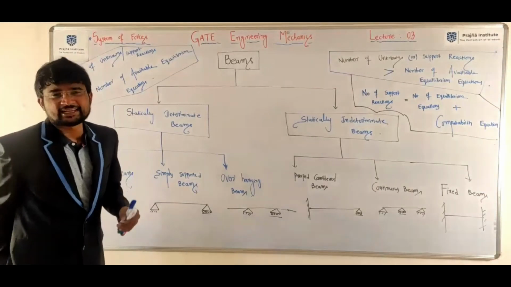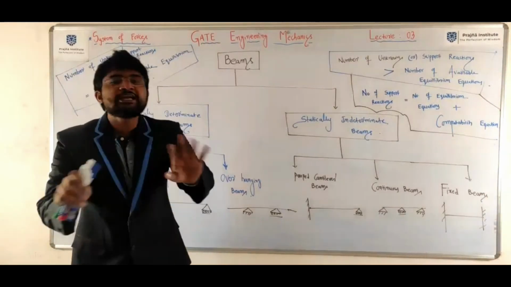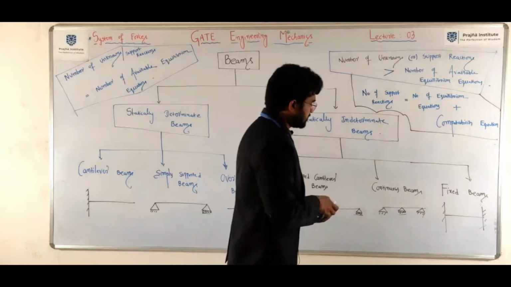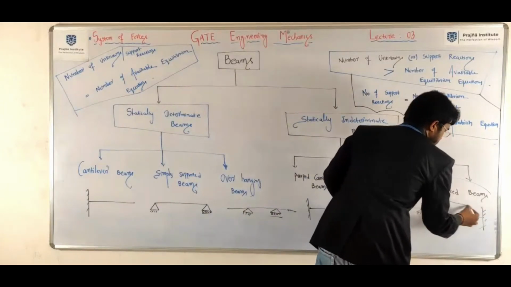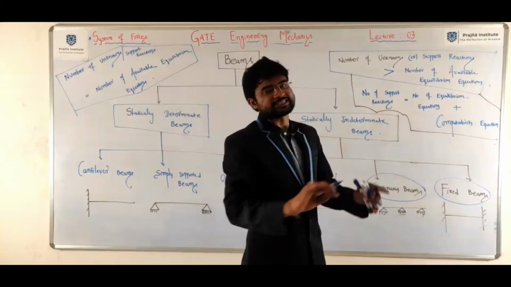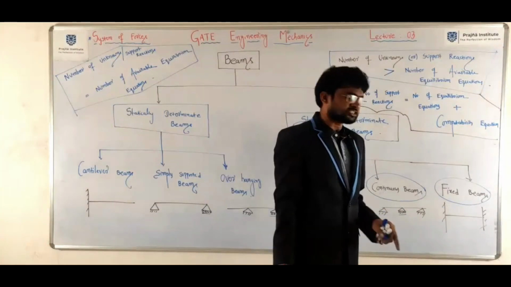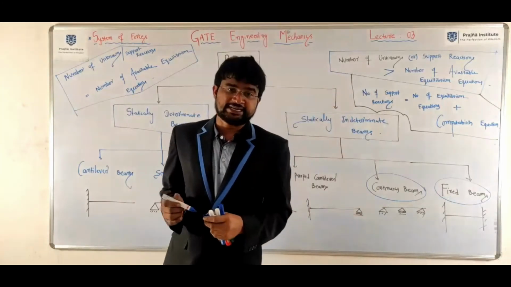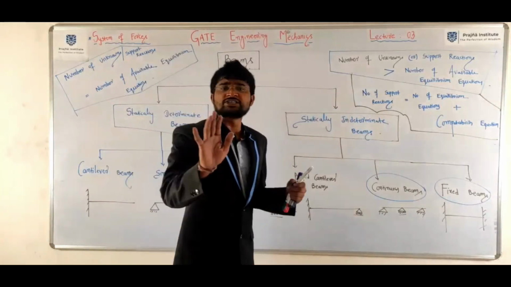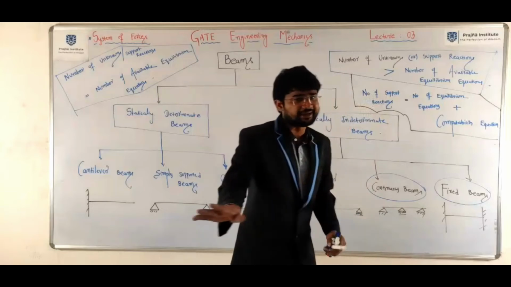Okay, for mechanical students, we need not focus much on continuous beams and fixed beams. No need to study continuous and fixed beams. It is only for civil engineering students. That too, they won't study these two in the strength of material course.